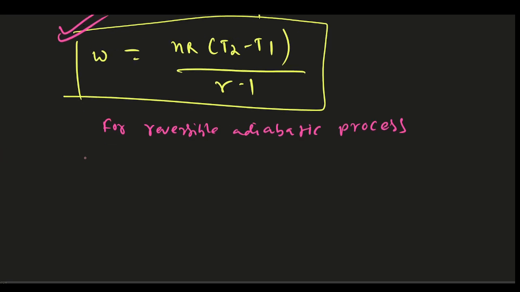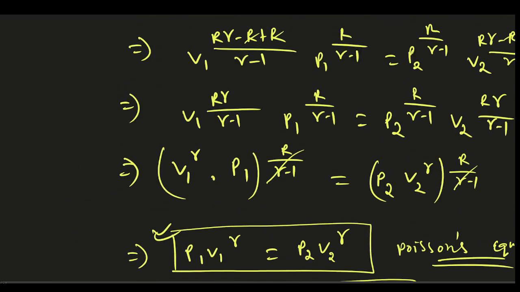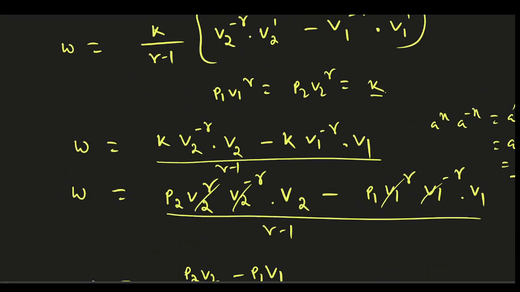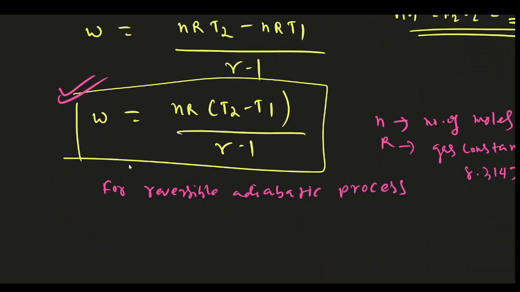So whenever asked for a reversible adiabatic process, use this, where n equal to the number of moles and R is the gas constant, whose value is 8.31 joule per mole per Kelvin, and it is changing with temperature.